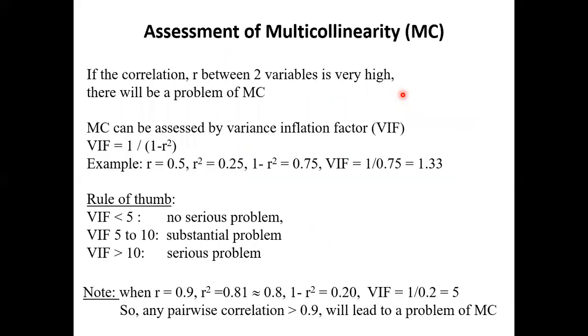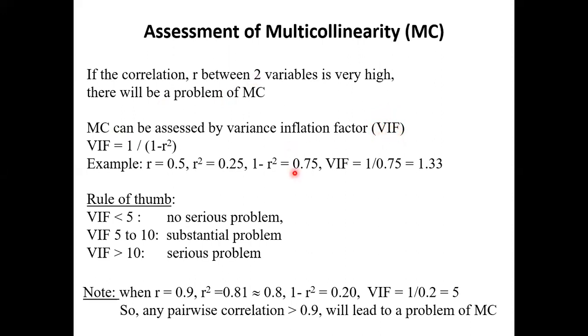So what is multicollinearity? MC is a correlation between two independent variables in the regression model. MC can be assessed by what's called the variance inflation factor. Later, when you do an analysis, we look for this value.